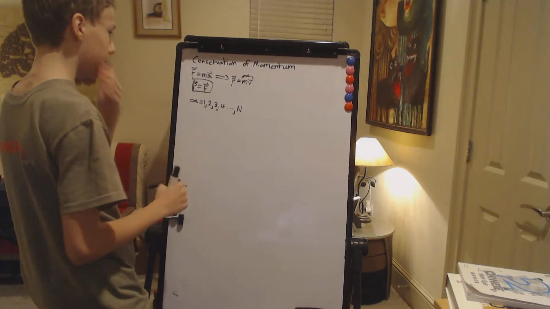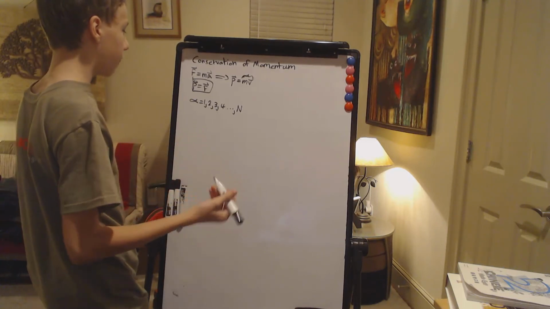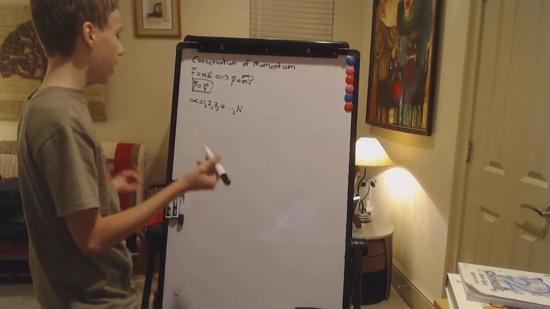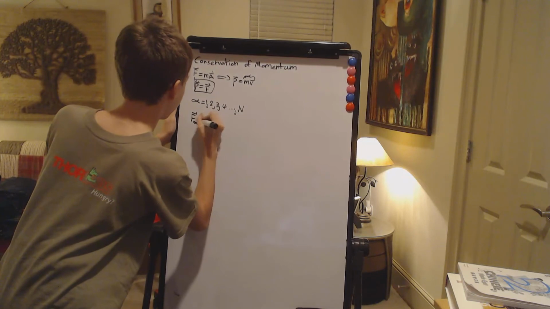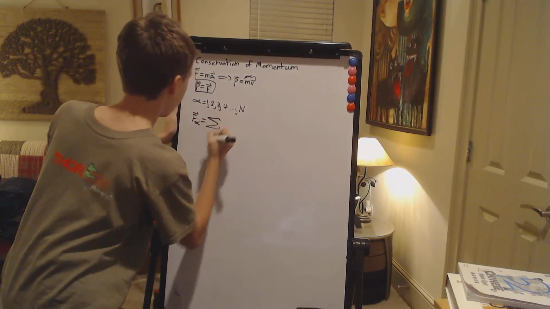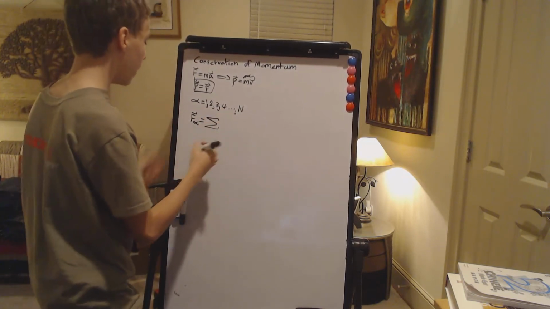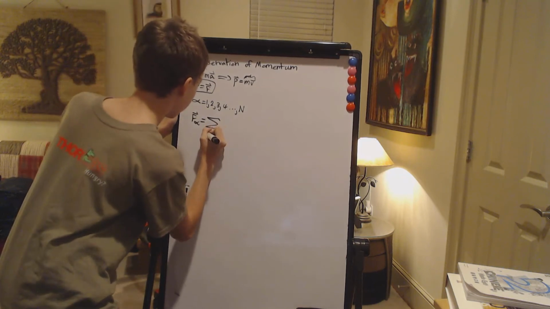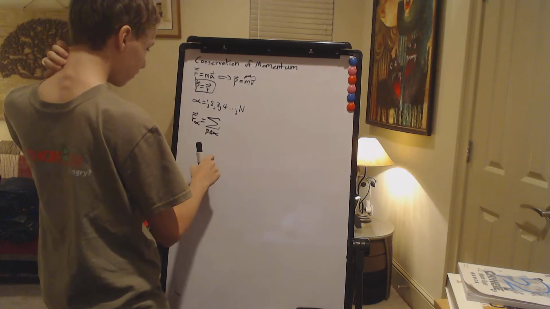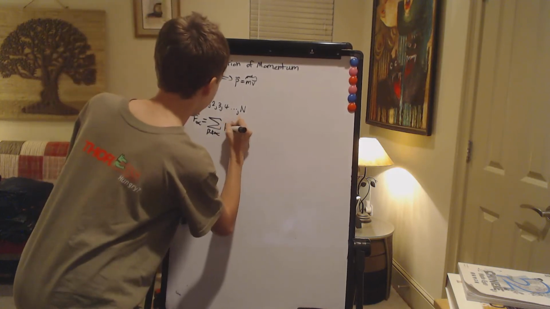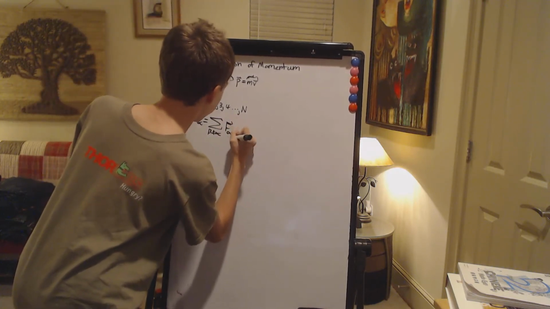And to calculate the force on a given particle alpha, the force on a given particle alpha is equal to the sum over all beta not equal to alpha of the force on alpha due to beta.